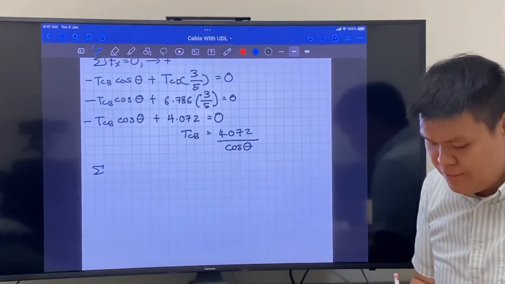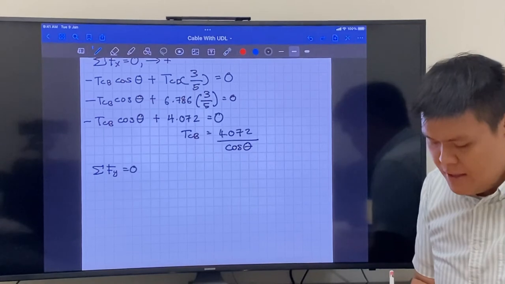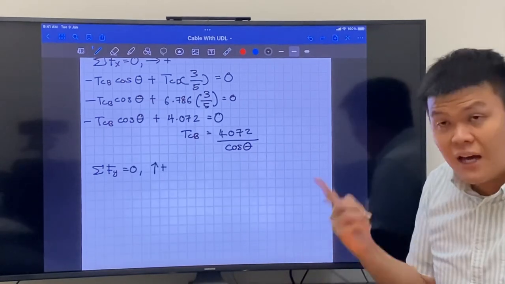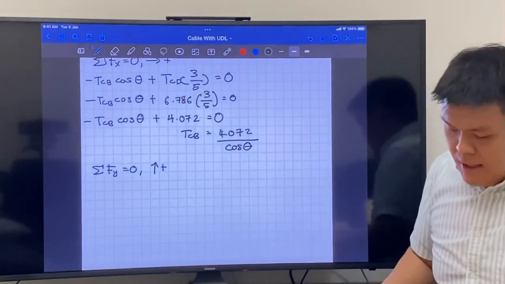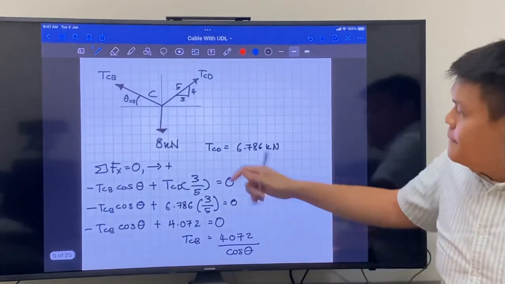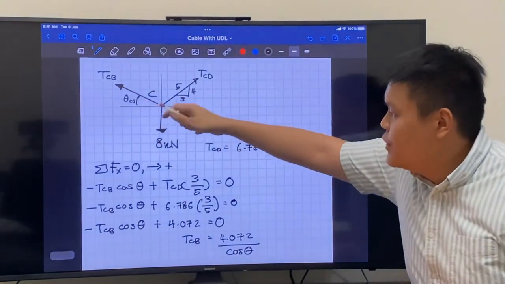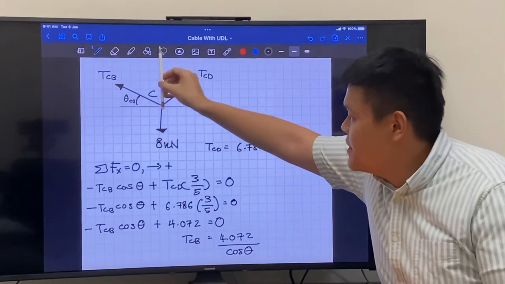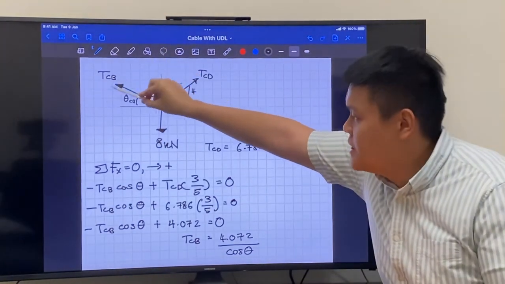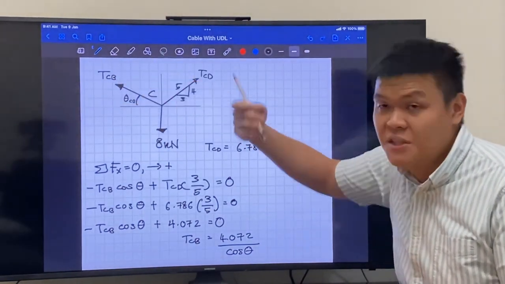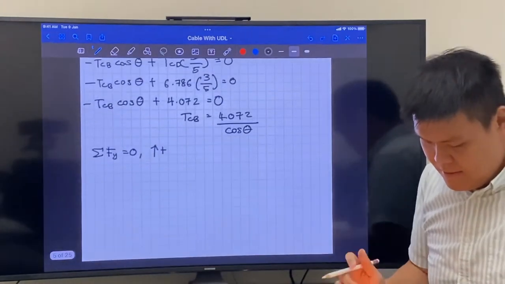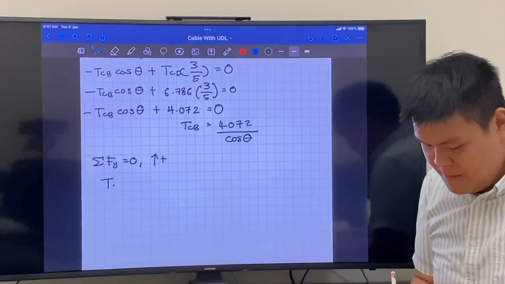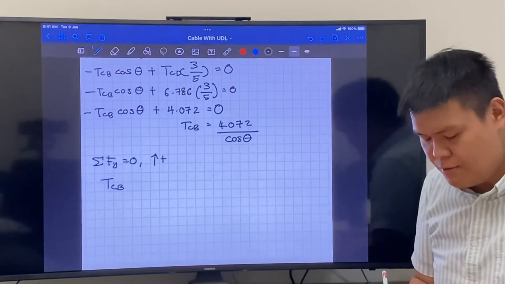The summation of forces in the y direction equals 0, where up is positive. So we have TCB going in this direction, which is sine, because cosine is for the adjacent side, so sine will be the other side. So we have positive TCB sine theta because it goes up.